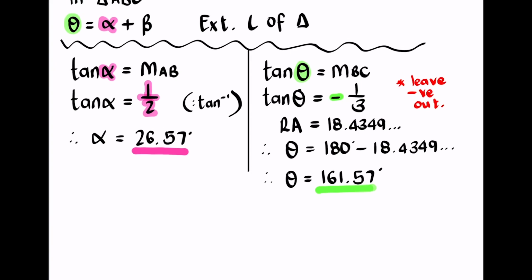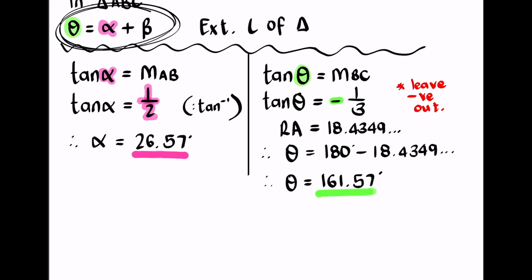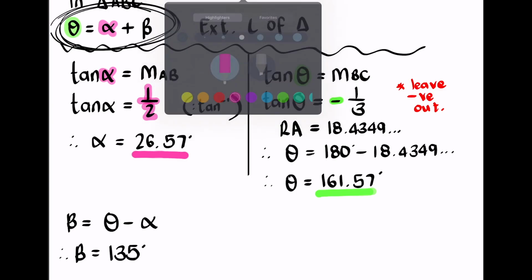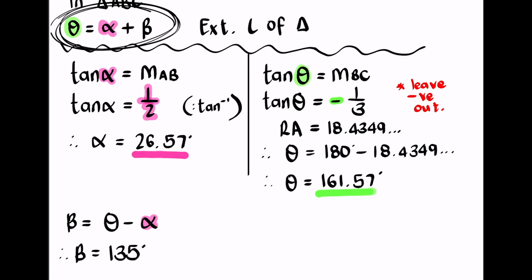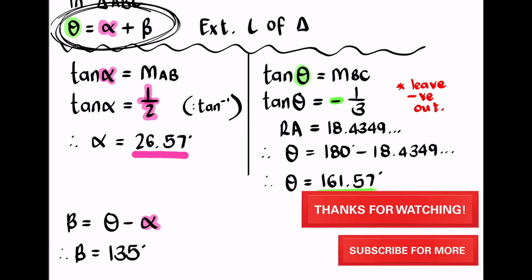So if I take the formula at the top, theta equals alpha plus beta, because the exterior angle of a triangle is equal to the sum of the interior opposite angles, I would be able to conclude that beta will equal theta minus alpha. So therefore, beta is equal to 135 degrees, because I took the alpha and subtracted it from the theta, and I got 135 degrees for beta.